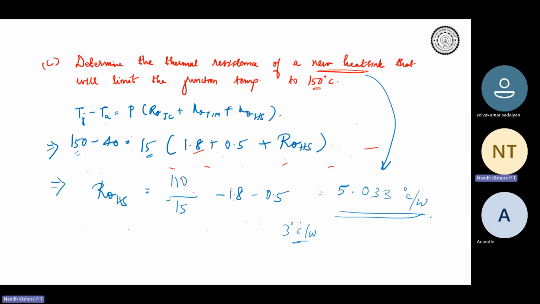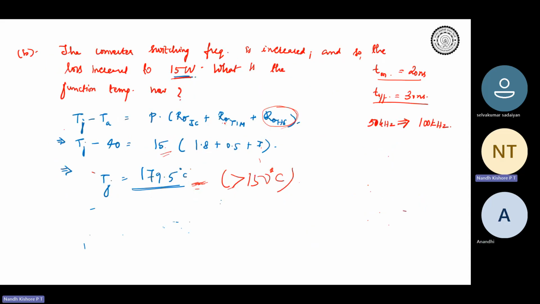If you just directly increase the switching frequency, you cannot operate your converter directly, right? Because your device temperature is increasing, it will blow up. So if I have to continue operating at this higher switching frequency with a higher loss, then I have to change my heatsink design, right?